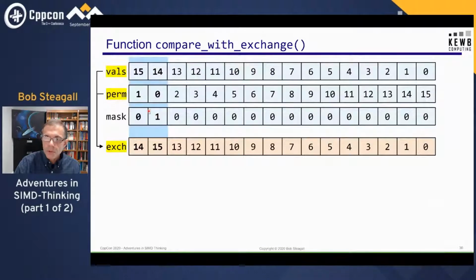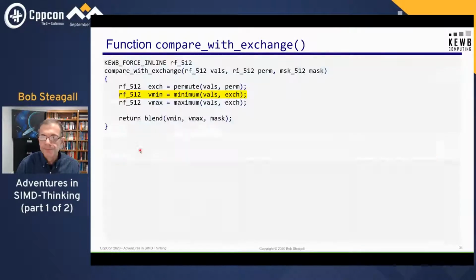So the first thing we do is compute the exchange. We use our permutation and exchange the values from the vals register that are specified in the permutation matrix. Notice here that each value in the register just corresponds to its location. That's just a direct permutation, so there's nothing to be changed there. But in the exchange register, I've swapped the first 2 values.